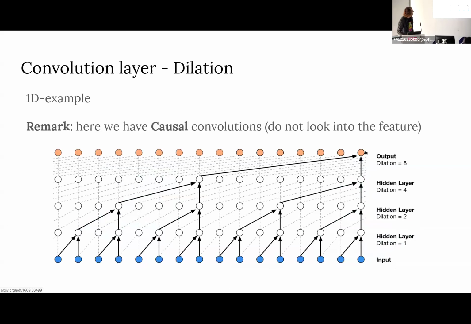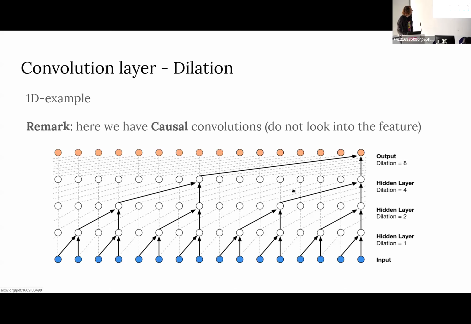Your output here depends on all this input data, just because of dilation. If you wanted to do the same thing without dilation, you would need more layers, or you would need a larger convolution, which is more expensive. And probably it wouldn't capture local changes so well.